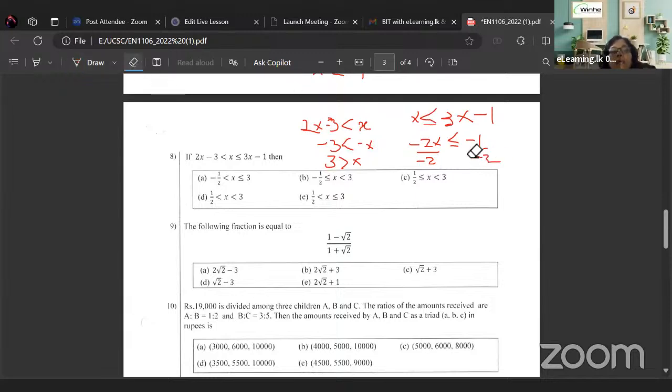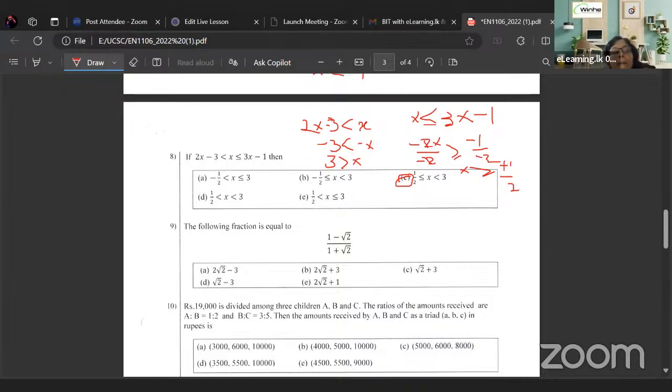Again the notation will change, less than to greater than. So x greater than minus half. Therefore, x greater than or equal to minus half, less than 3, so this will become plus, right? x greater than or equal to plus half and less than 3 is the answer.